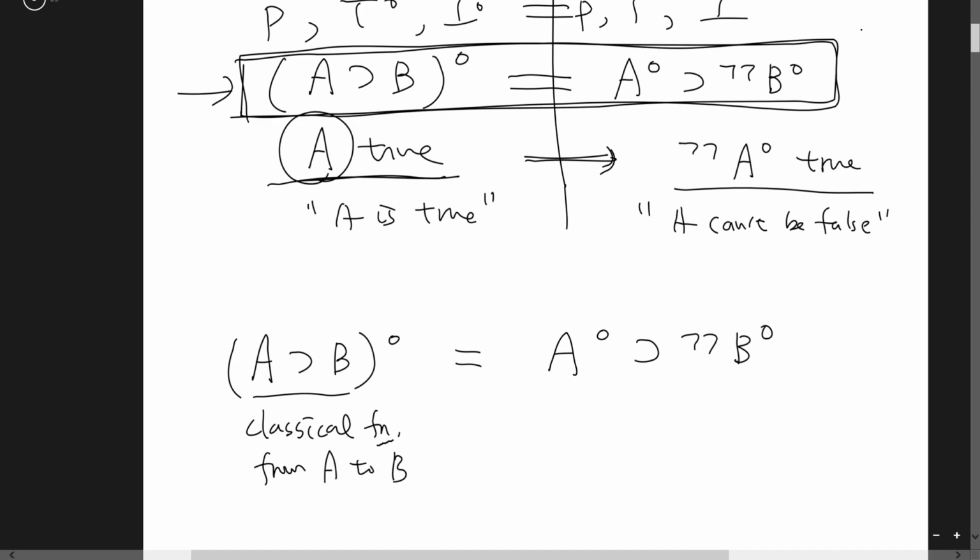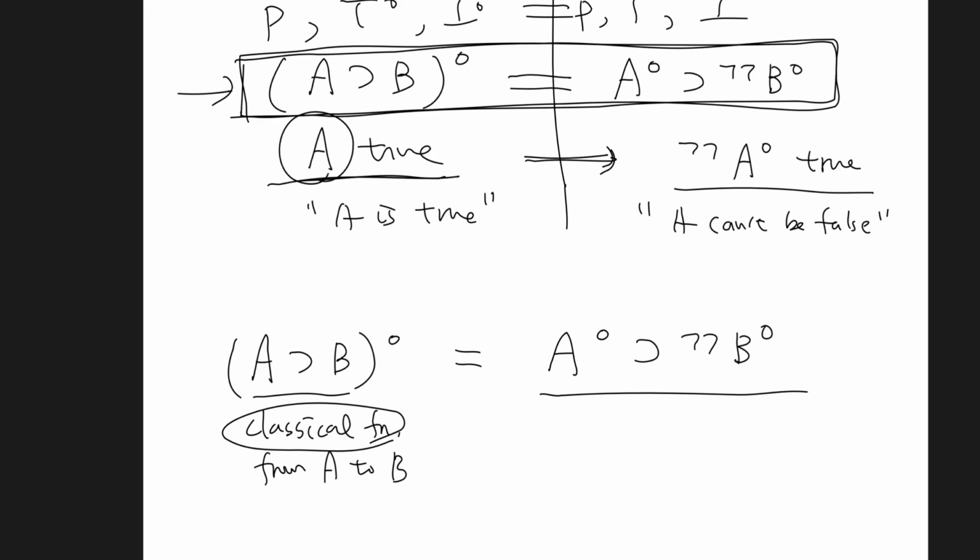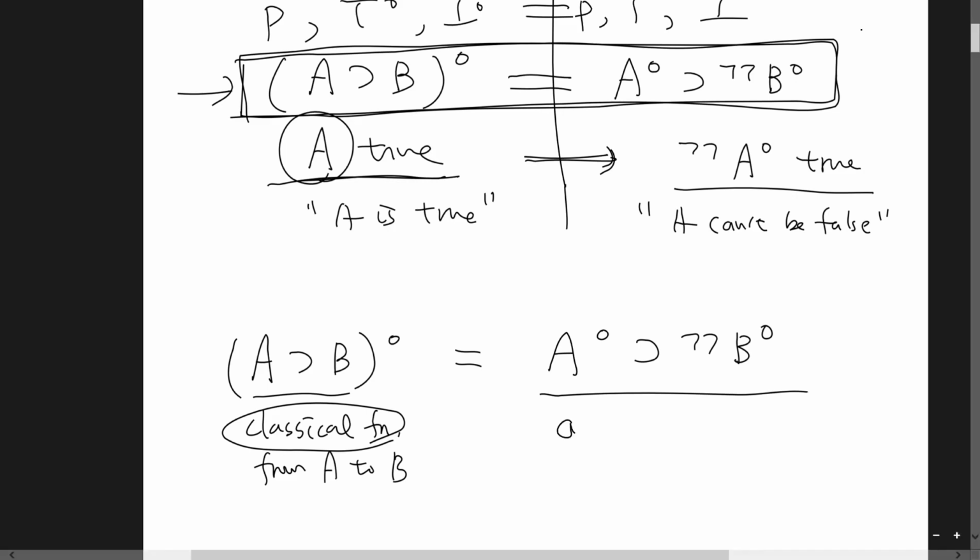So the classical function of type A implies B is, from the viewpoint of the constructive world, it takes an argument of type A, and then it returns this one.